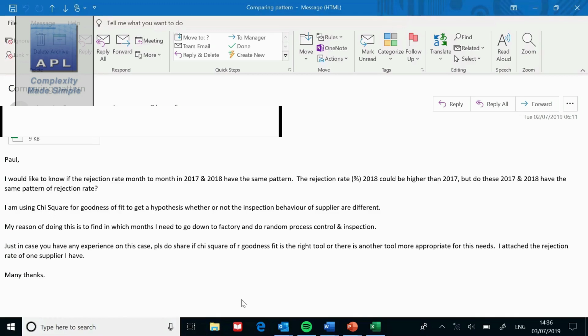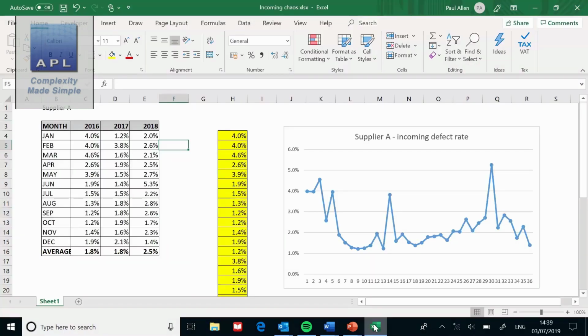So look, let's take a look at the data. So here's the data that he sent me, look. And he sent it to me in years, 2016, 2017, 2018. And then he's worked out an average for each year. Now you can see that what I've very quickly done in the yellow fields, I very quickly put the data into one long string, because the process doesn't know the date, by the way.